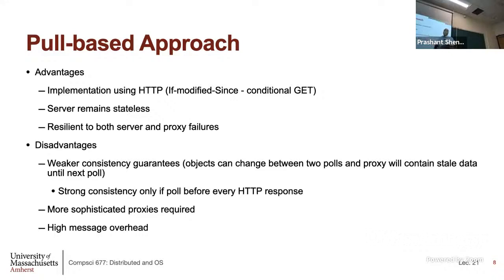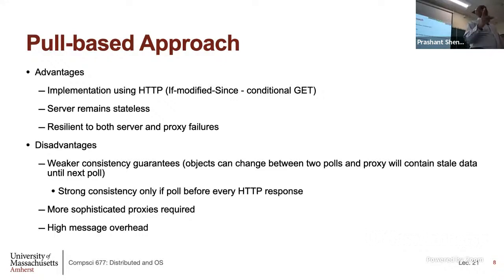Okay. Disadvantages of the approach: weaker consistency guarantees. Okay. You can have stale content in your cache, and all user requests for that page will get stale content, as in an older version of the page, until the proxy refreshes it. Okay. Strong consistency is possible in a pull-based approach only if you poll before every HTTP request from a browser.